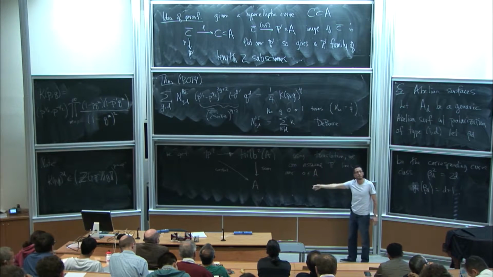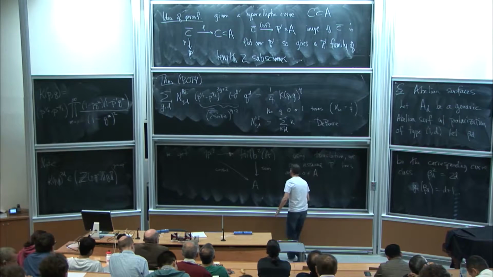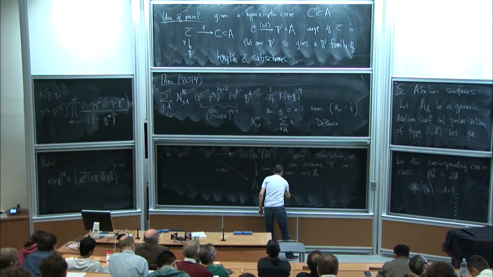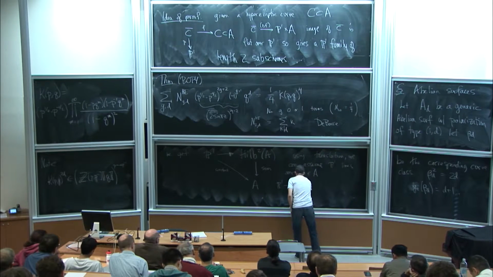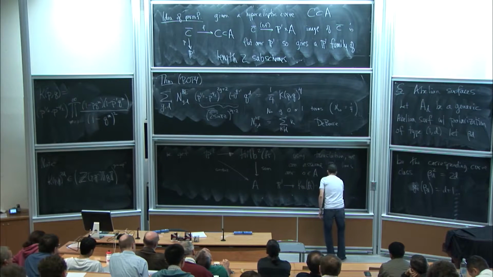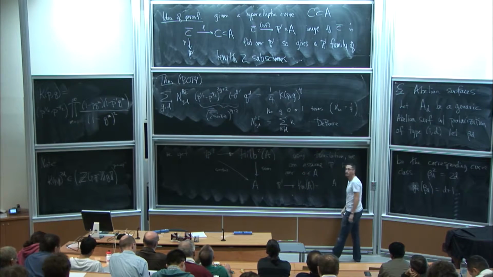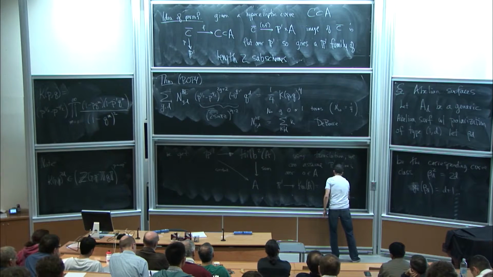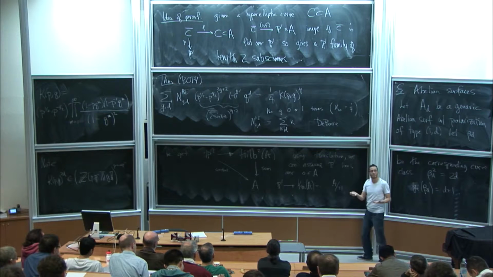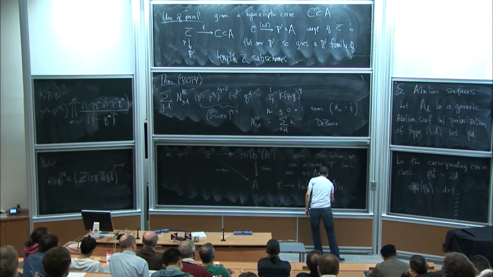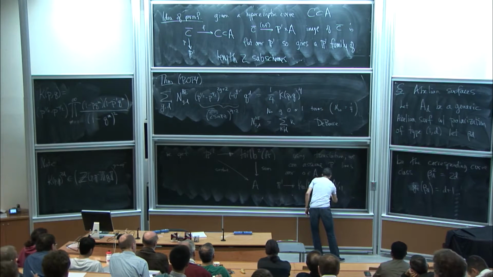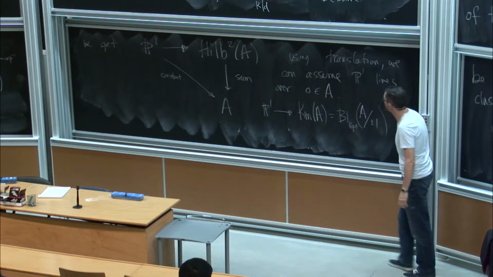And the fiber over 0 of this map is the Kummer K3. So in other words, we get a map from P1 to the fiber, which is the Kummer K3 surface associated to A, which of course everyone knows you take the abelian surface, you divide it by the action of -1. That has 16 singularities corresponding to the 2 torsion points, which you can blow up, and you get a smooth K3 surface.